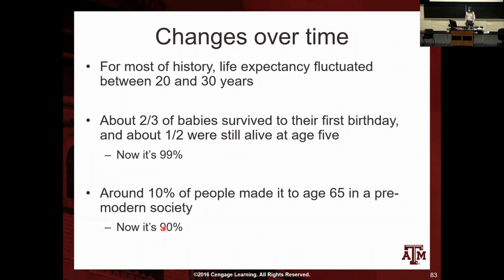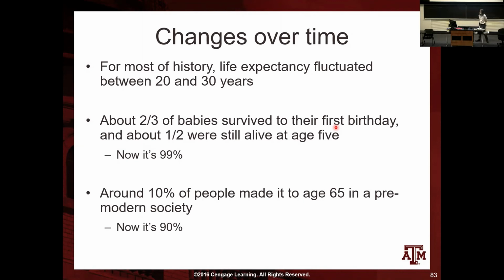For most of history, life expectancy fluctuated between 20 and 30 years. About 2/3 of babies survived to their first birthday, so 1/3 of babies died before reaching age 1. And about 1/2 were still alive at age 5. And now it's 99% of the children reaching age 5, right?